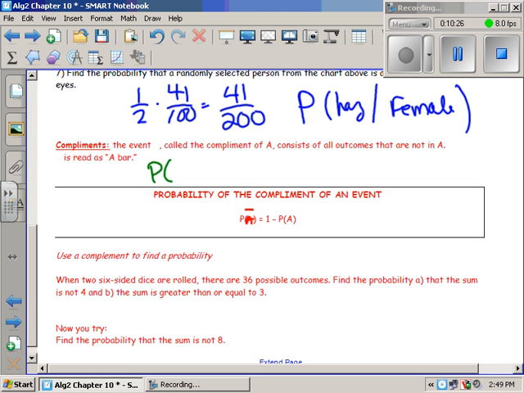probability of rolling a 3 plus the probability of not rolling a 3. Okay? Well, think about, what's the probability that I'd roll a 3 or not roll a 3? It would be 100%, right? So the probability of those two together would be 1, because remember, 1 is absolute certainty.